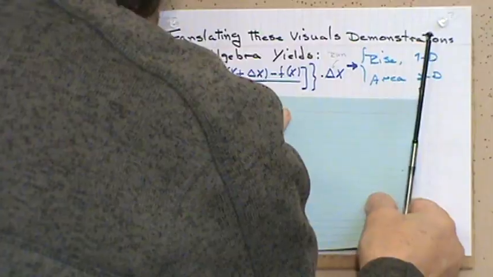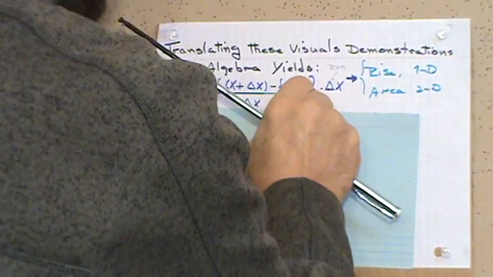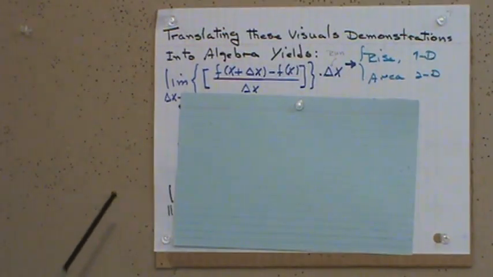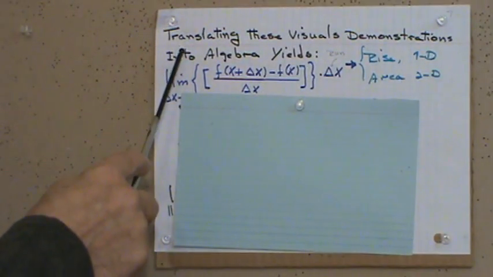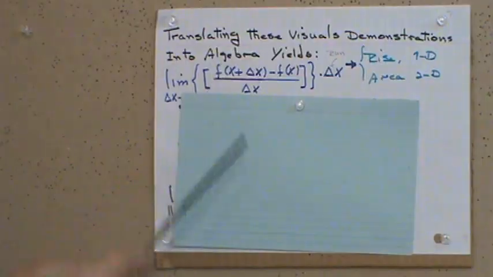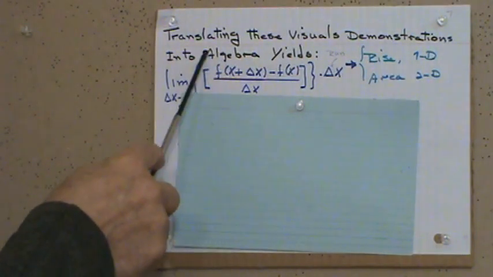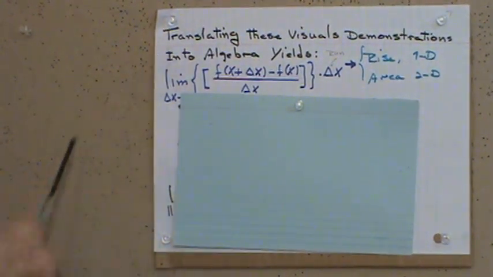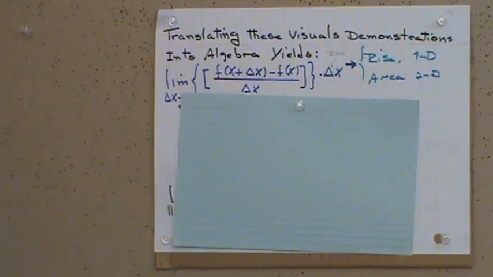Let me cover this one so that we can get them step by step. Here, we are translating the visual demonstration that I just made into algebraic, to see what the algebraic outcome will be. Demonstration into algebraic yields the following.